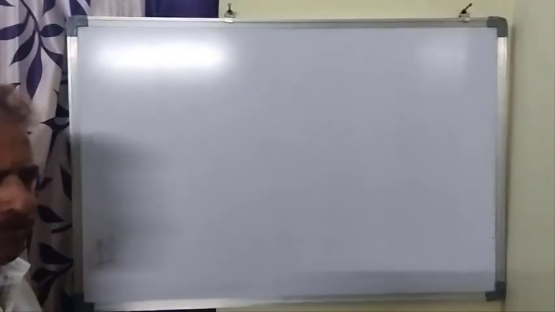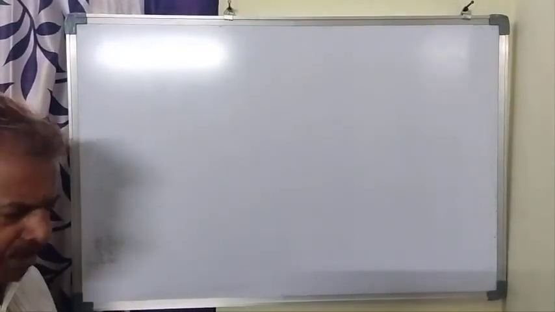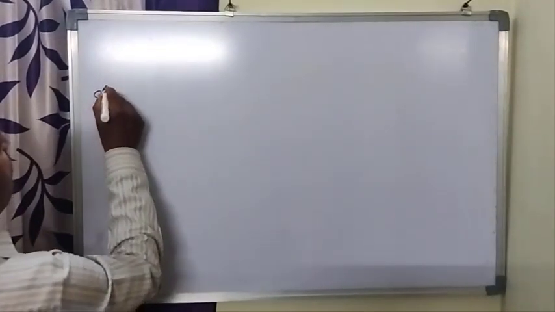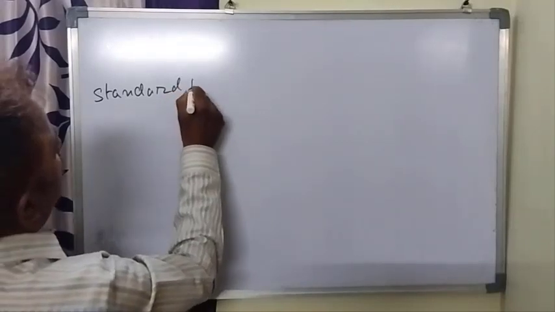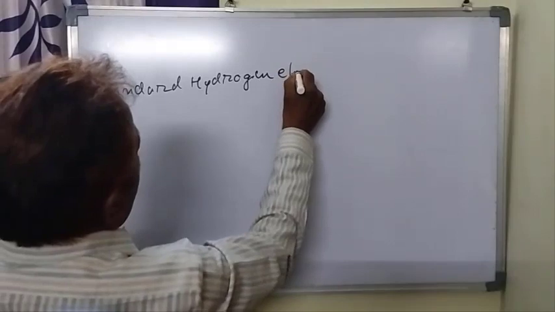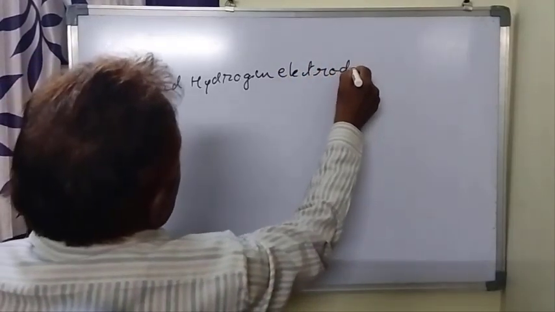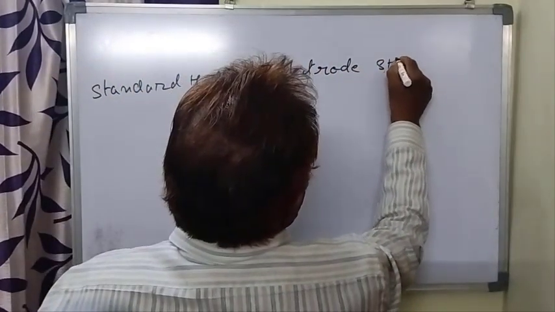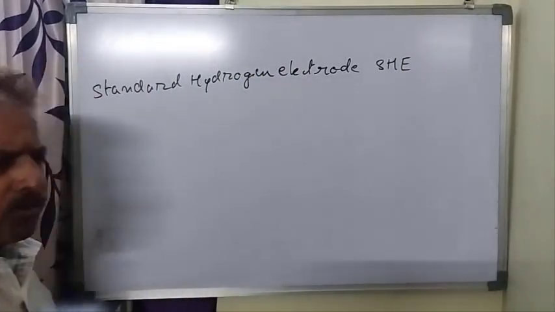So electrode potential of an individual electrode can be measured by using a standard electrode. That standard electrode is a standard hydrogen electrode, SHE, standard hydrogen electrode.